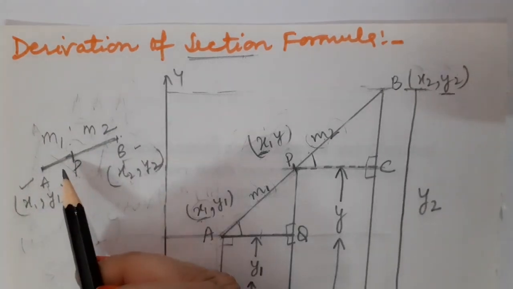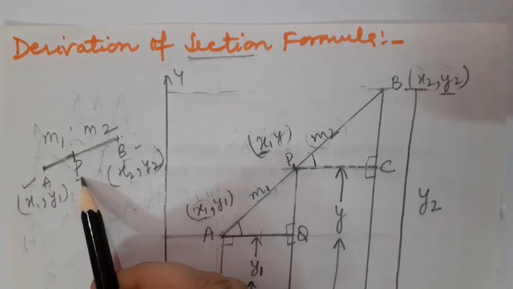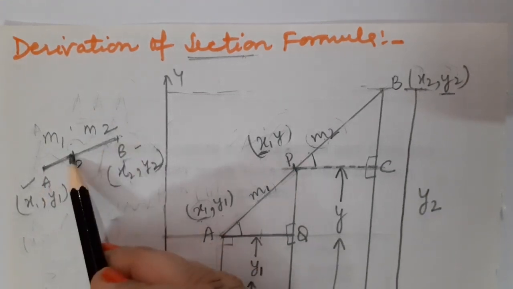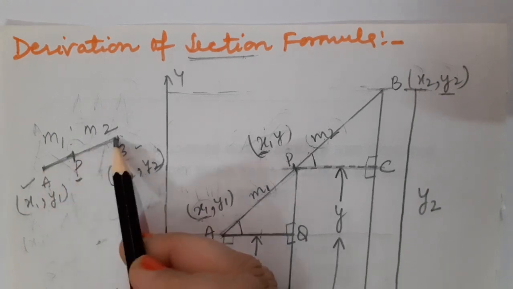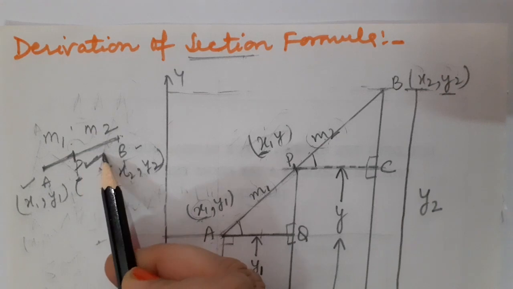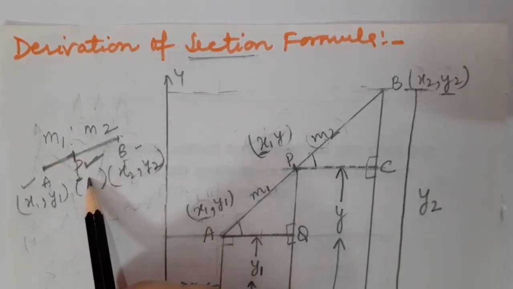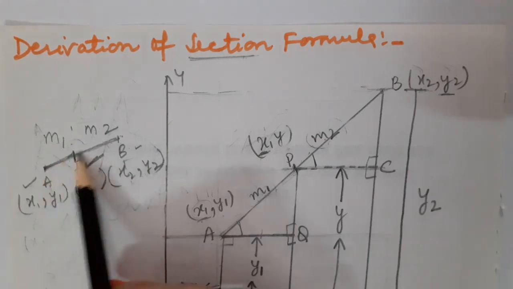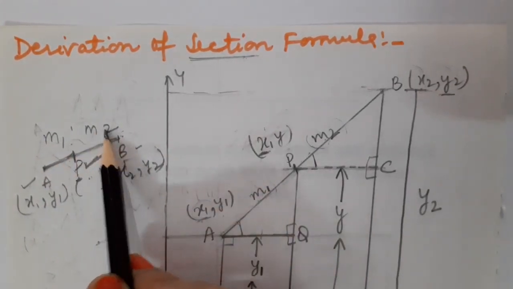Through section formula, we can basically do two things. Number one, we can find the coordinates of the internal division, the point which is going to divide the line segment internally. We can find the coordinates of this point P. And suppose I do not know the ratio, but I know the coordinates of point P, then using section formula, I can find the ratio also. Fine, students.